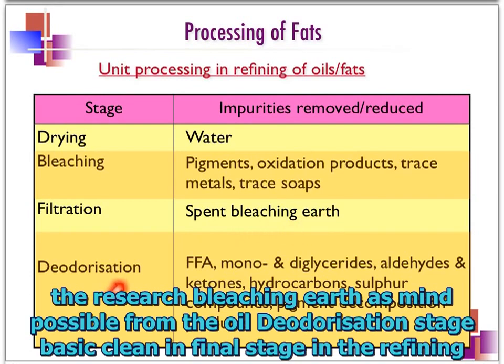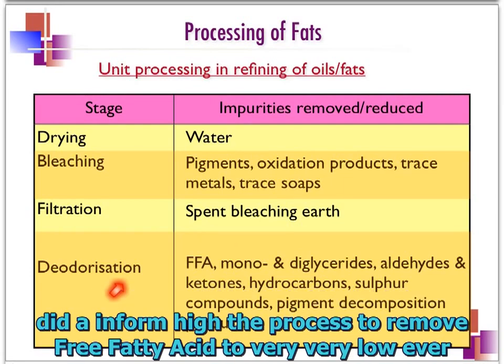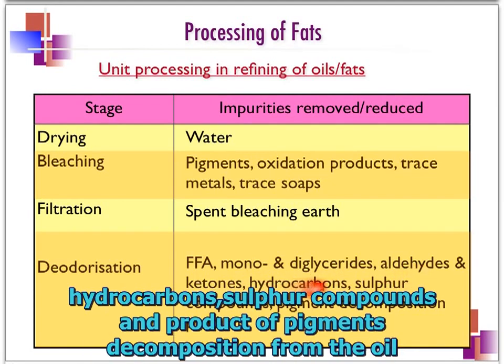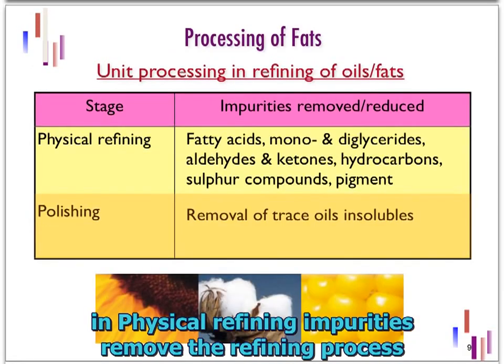The deodorization step is basically the final step in the refining. This involves a high temperature process to remove the volatile fatty acids down to a very, very low level, and also to remove some residual mono and diglycerides and other small compounds, aldehydes and ketones, hydrocarbons, sulfur compounds, and the products of pigment decomposition from the oil.